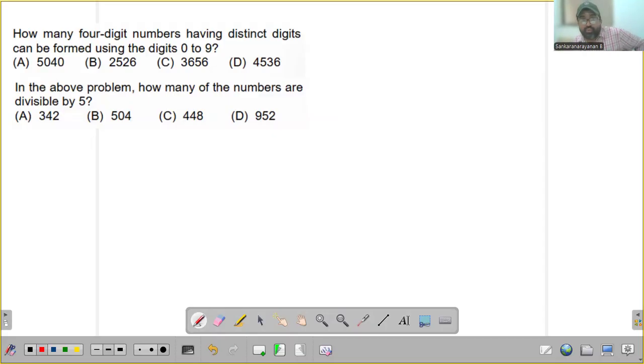How many 4-digit numbers having distinct digits can be formed using the digits 0 to 9? I'm attempting part 1 of the question.